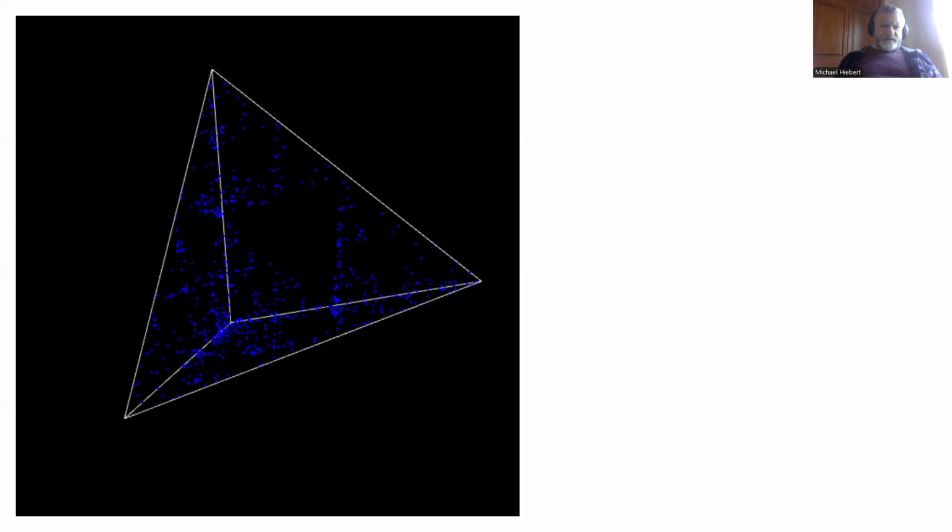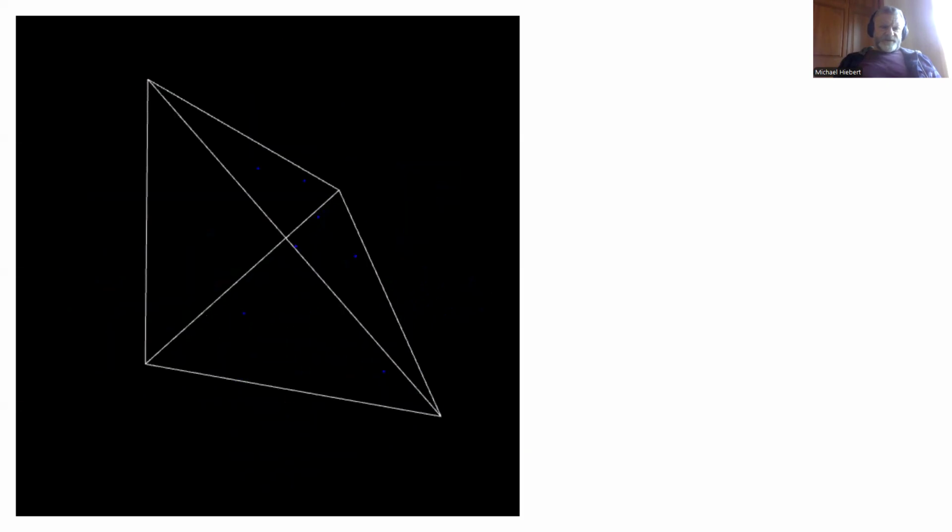And this is an animation of an attractor in action. It's sort of a three-dimensional image of what is called the Sierpinski triangle.